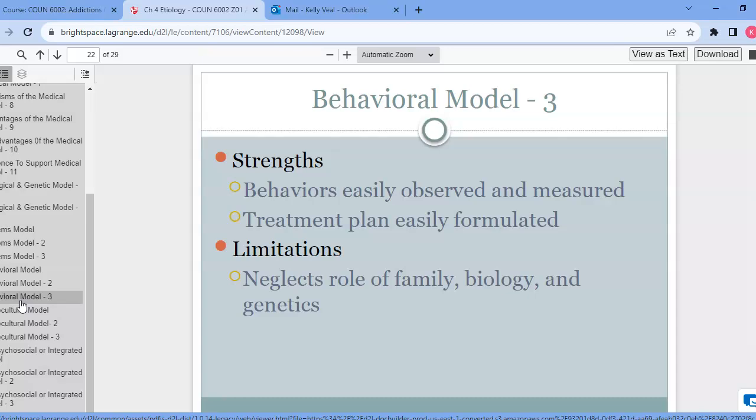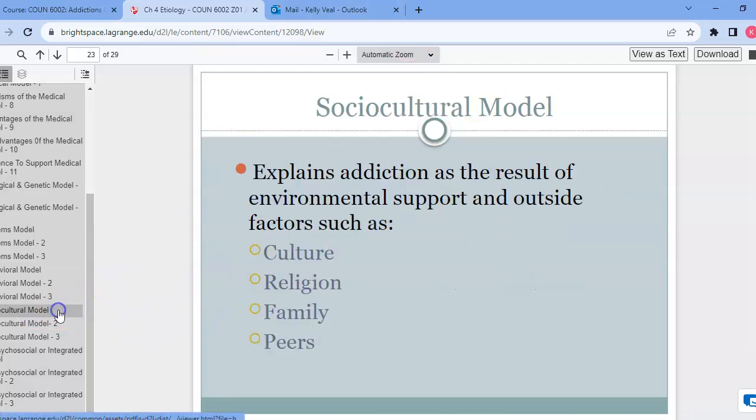So this behavioral model is easily observed and measured. The treatment plans are easily formulated with the learning theory, and we relearn. That's where Pavlov, etc. This is where we use that. What are the triggers? Change our behavior, change going around them, etc. So this is definitely a component. But again, this behavioral model neglects family, biology, and genetics, which we can't neglect.